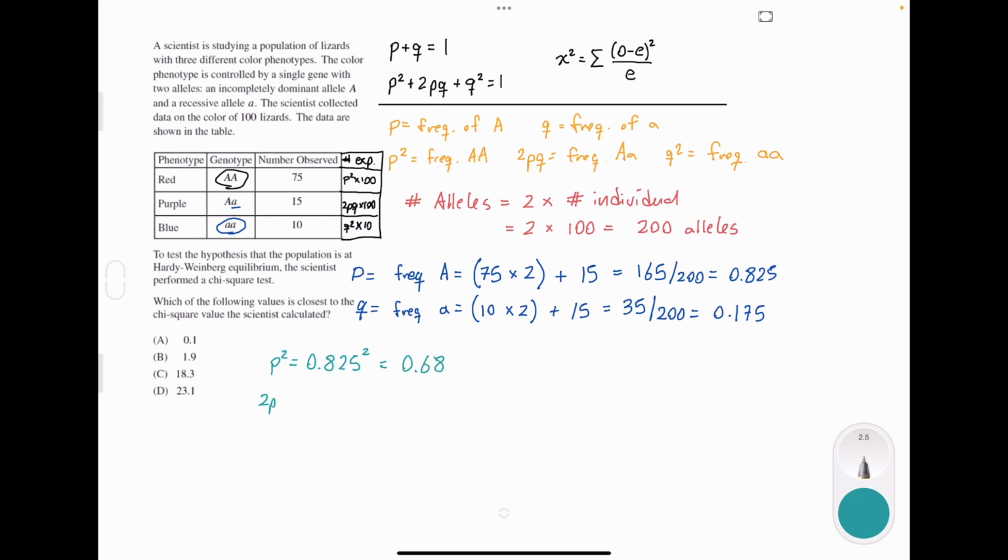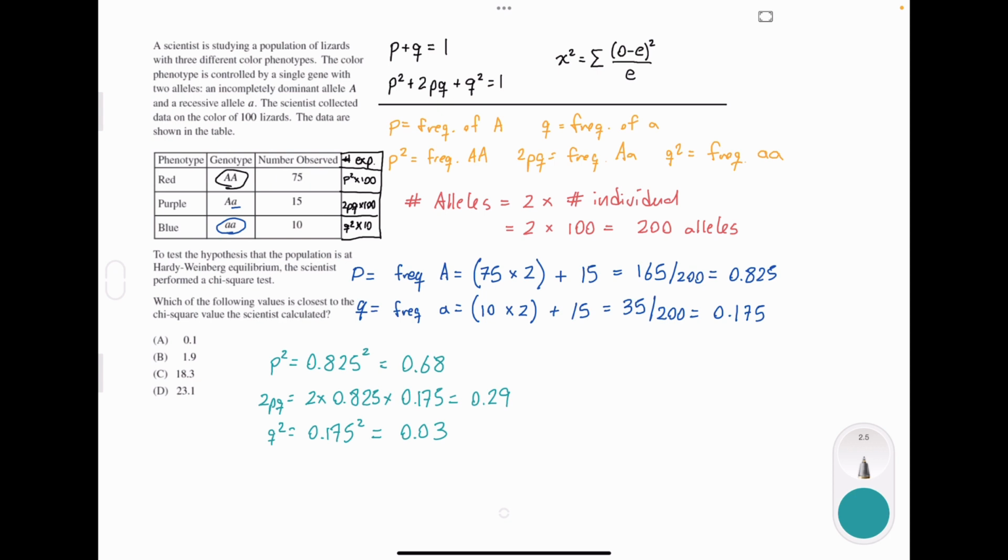Our 2pq is going to be 2 times 0.825 times 0.175, and that is equal to 0.29. And our q squared is equal to 0.175 squared, which is equal to 0.03.